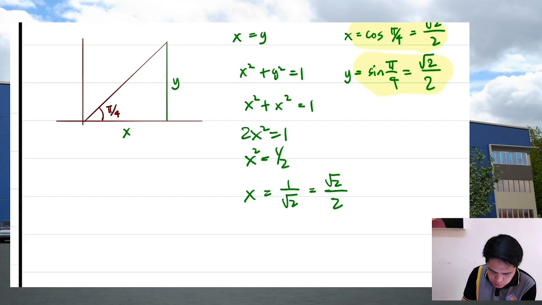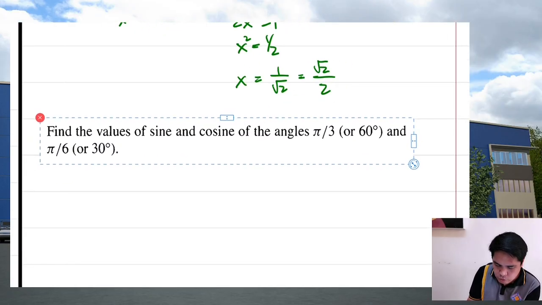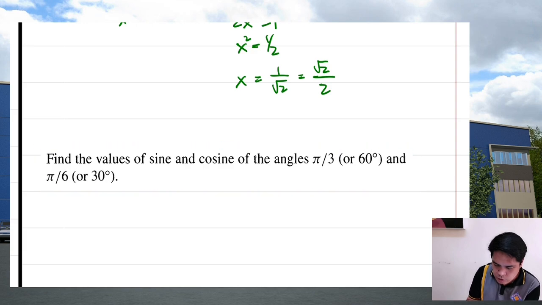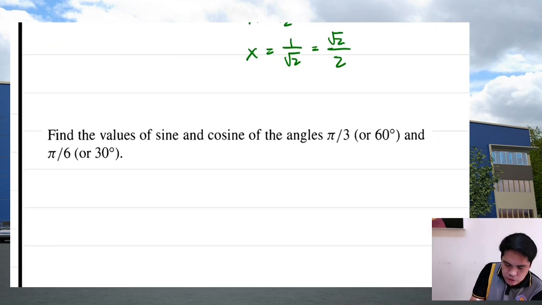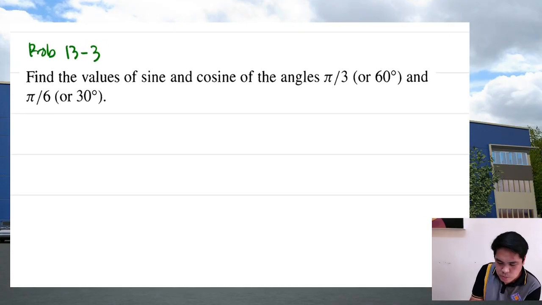How about if we have this, and we won't use a calculator. We need to find the values of sine and cosine for the angle 60 degrees or pi over 3. So we'll call this problem 13-3. So what we need to find is for 60 degrees or pi over 3.